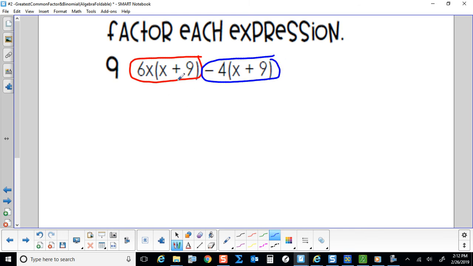So those are two different expressions. So what can I factor out? What do they have in common? They have an x plus 9 in common, here and here. So I can factor out x plus 9. And that would leave me 6x minus 4.